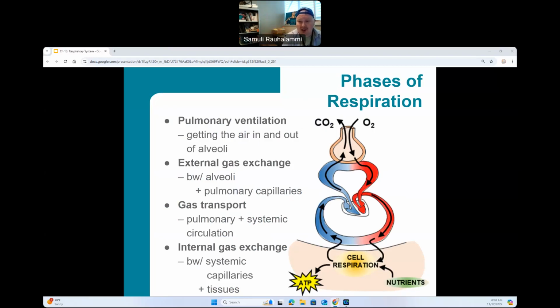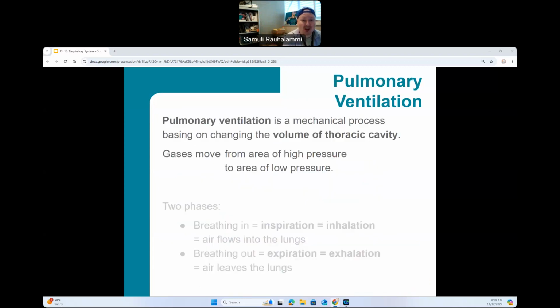And here the gas exchange takes place between the blood and the tissues or cells in the systemic capillaries. So now we're offloading oxygen from the blood to the tissues and picking up CO2 from the tissues to the blood to bring it back again to the lungs. And obviously these steps can go in this order, but we can go in reverse as well. So those are our four phases of respiration.